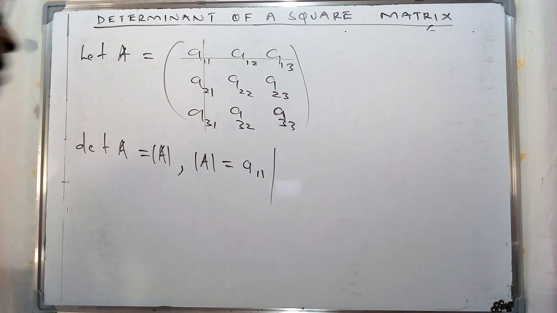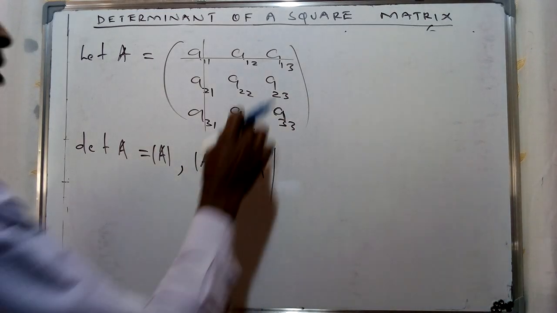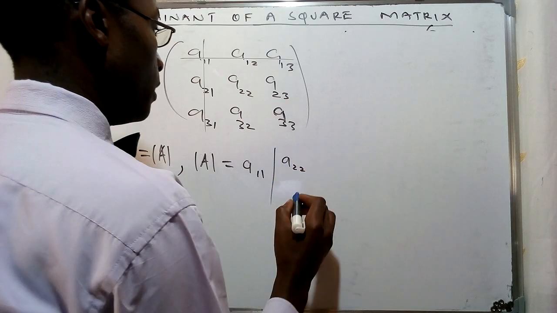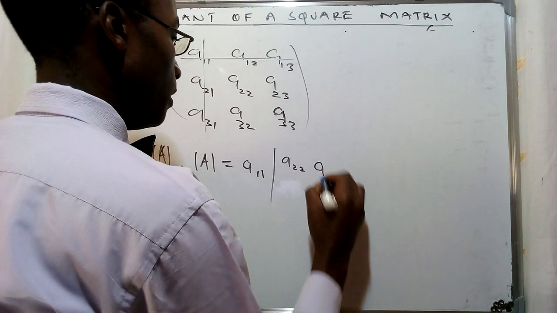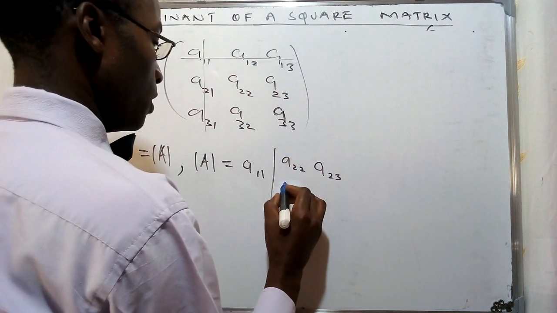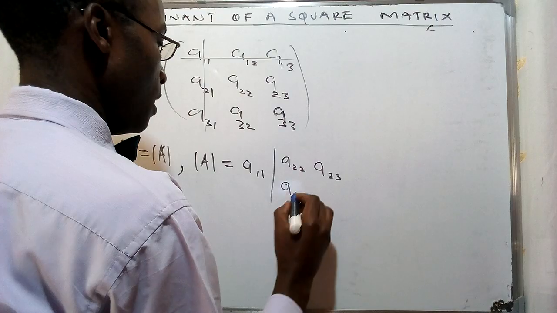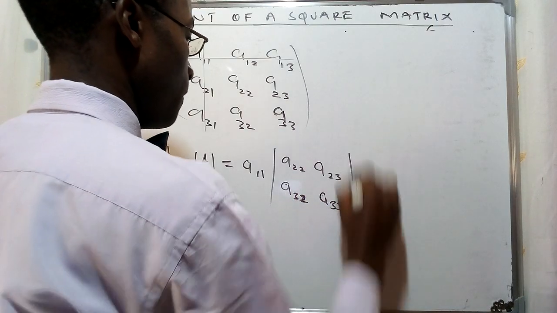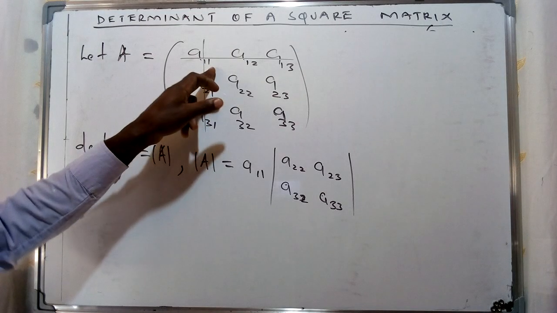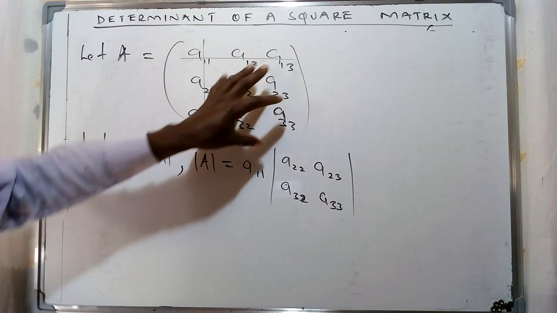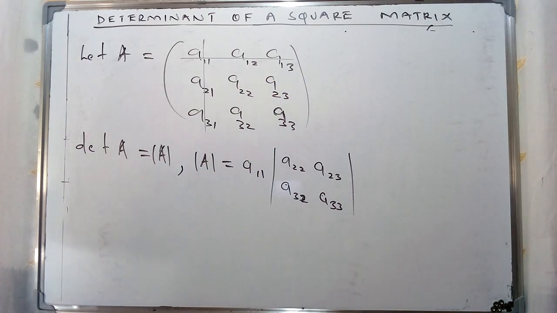This is going to be multiplied by the determinant of the remaining elements, which form a 2 by 2 submatrix given in terms of a32 and a33. So the product between this first element of the matrix and the determinant of the remaining elements gives me the first number for this specific product.